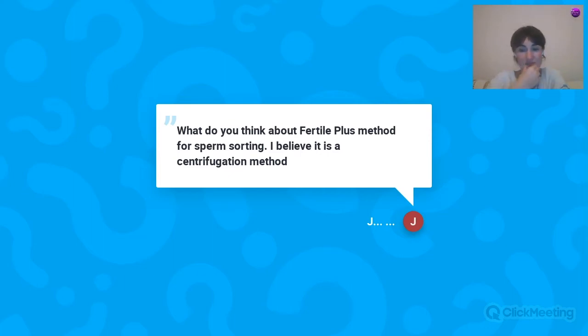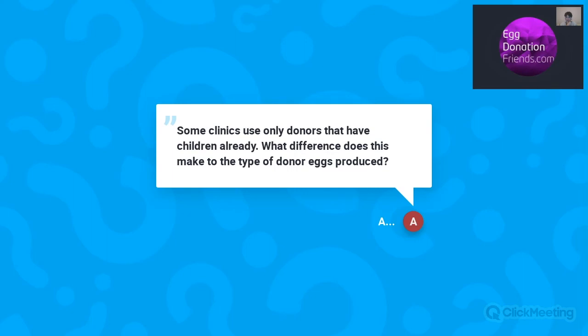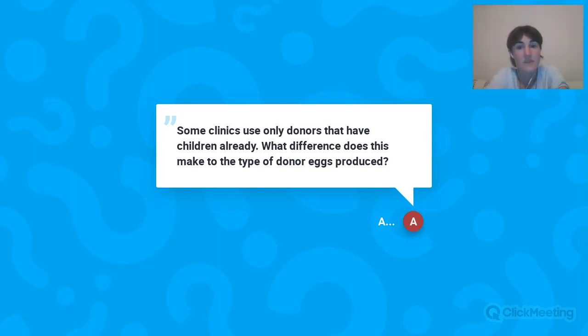Of course, thank you. The next question then is this one. Some clinics use only donors that have children already. What difference does this make to the type of donor eggs produced? So donors which have already had children, we would call donors with a proven fertility.